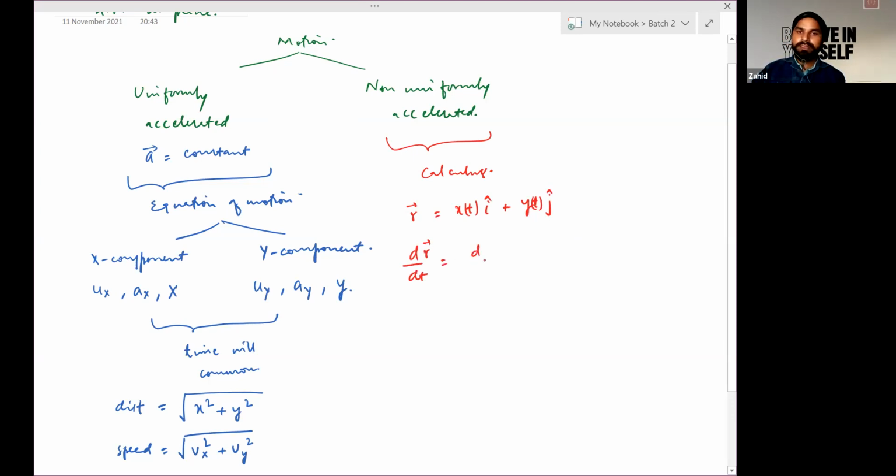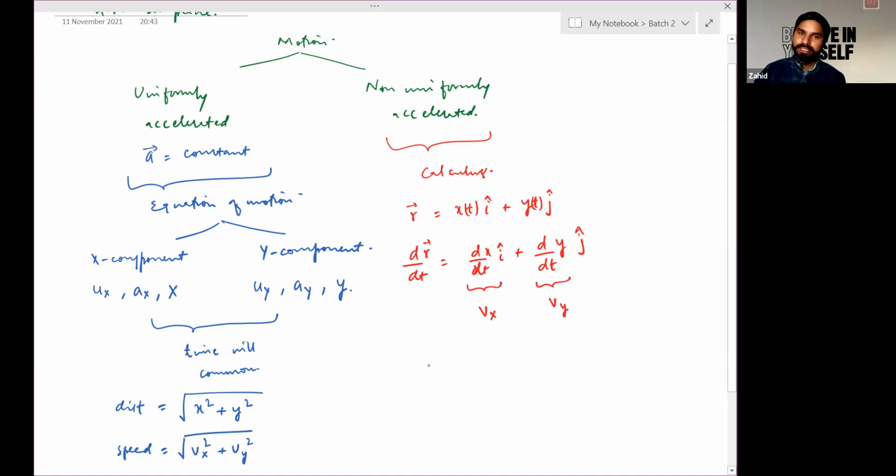you will get dx over dt along the x-axis and dy over dt along the y-axis. So this will be velocity along the x-axis, and this will be velocity along the y-axis.